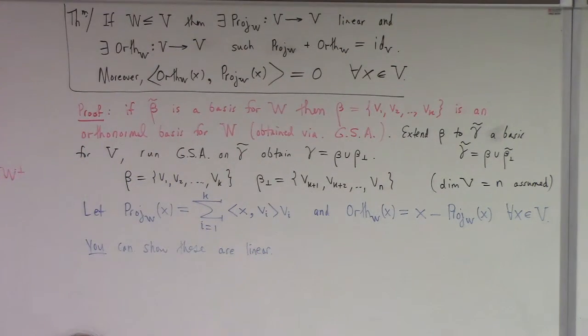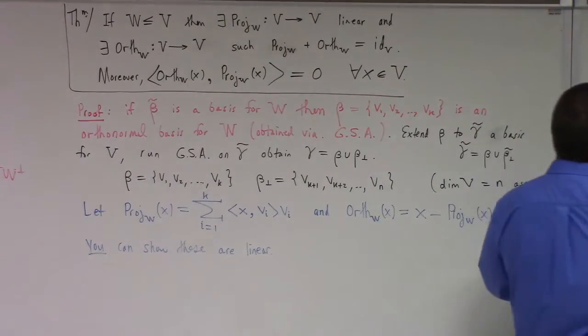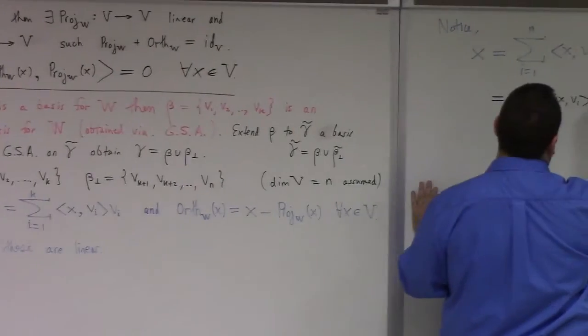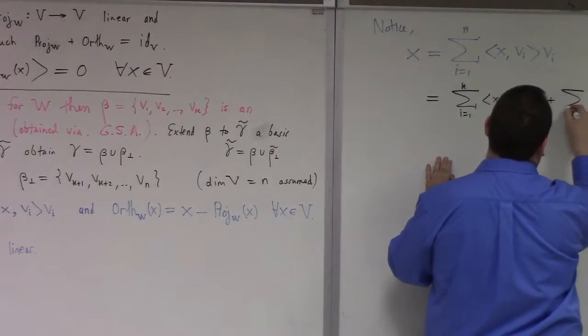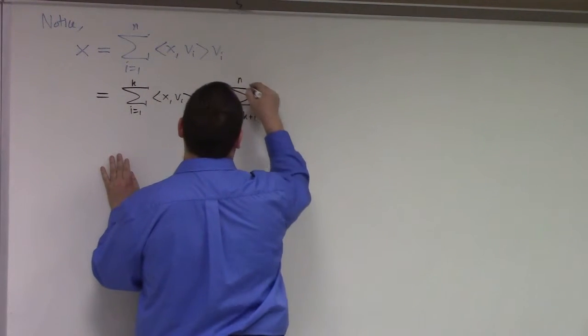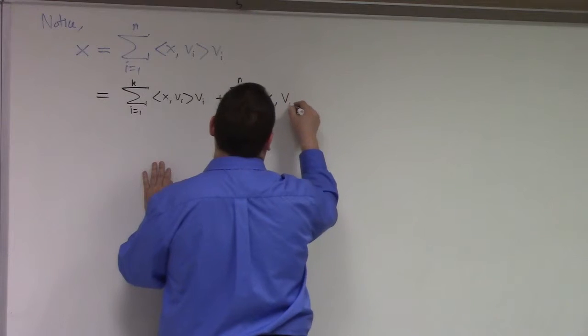So I have this identity, and then you just take that sum and break it into two pieces. This equals the sum i equals 1 to k of x with vi plus the sum i equals k plus 1 to n of x with vi.